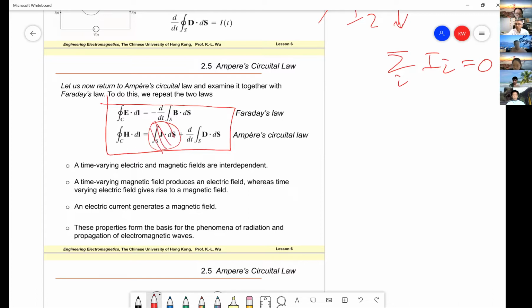If you can ignore it, these two equations can be interchanged with each other, but of course there is a minus sign. We have to remember that. If you can ignore the existence of conduction current, which is the case most of the time, that's fine.